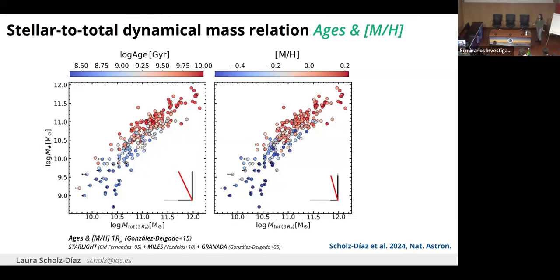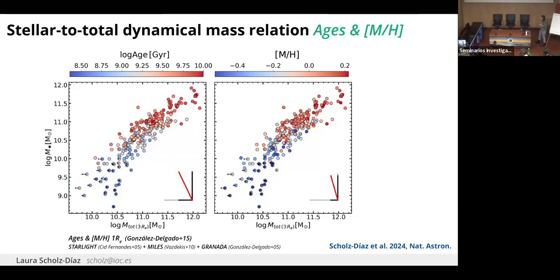We did again a very similar analysis to quantify the dependence, or the partial correlations, with the data. We find again that, as shown here, this black line would be the partial correlation of age and stellar mass if we fix the total mass of the galaxies, and we see that both age and metallicity correlate with stellar mass at fixed total mass.